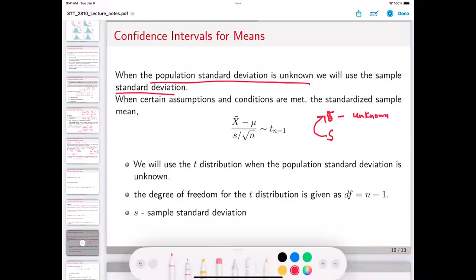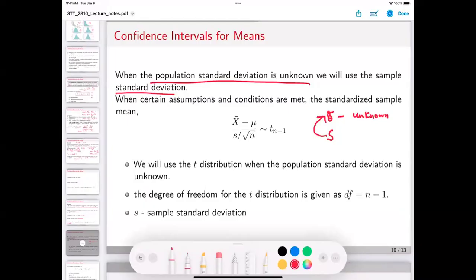Now we are going to use the student T distribution. Whenever you use a sample standard deviation to estimate the population standard deviation, it is going to follow the student T distribution.